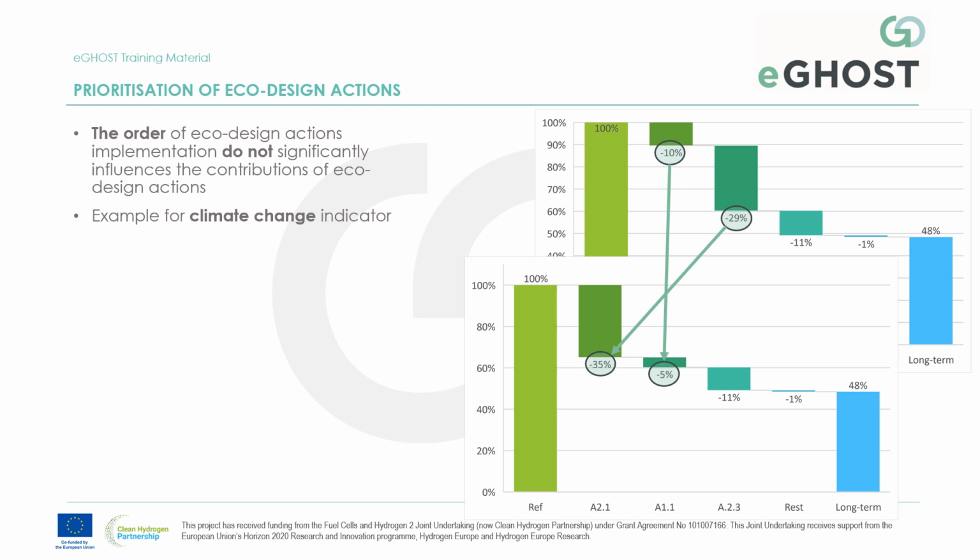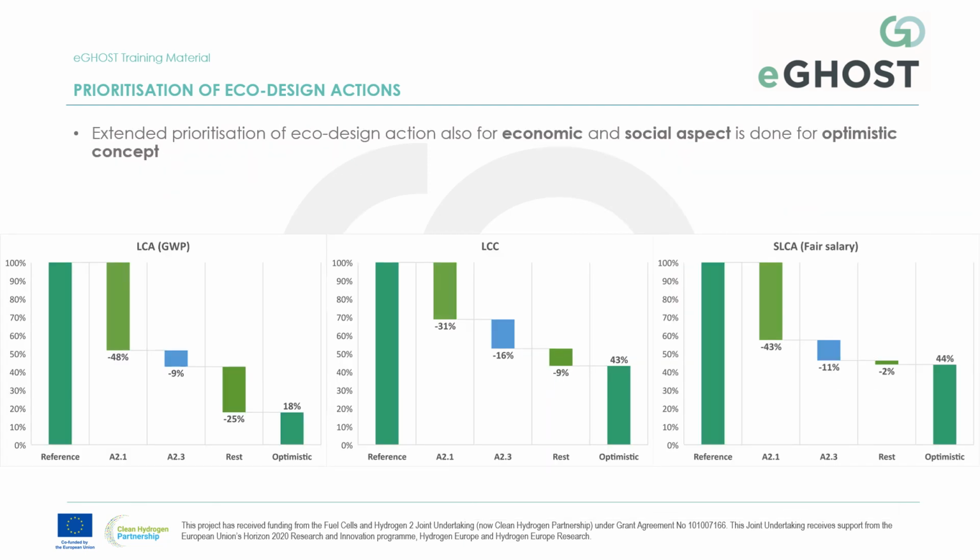and as you can see, the order does not significantly influence the contribution of ecodesign actions. There is a change, but it is not that significant. So ecodesign action 2.1 stays the main contributor, which is also presented here, where we also have the results for the economic and social aspect.